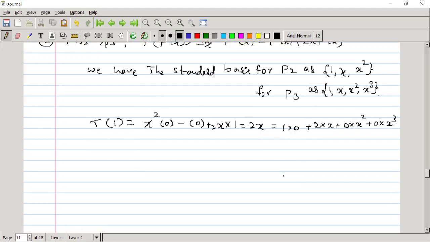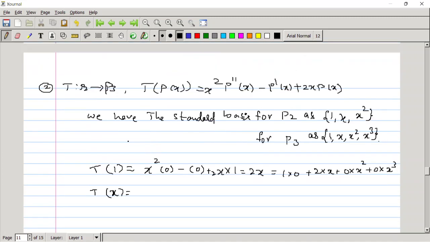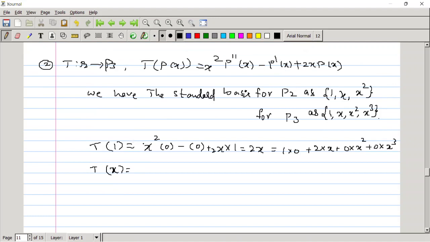Similarly, let me calculate the images of x and x square under this linear transformation. Then we can write the matrix corresponding to this linear transformation. So T of x with the given linear transformation is nothing but x square times 0 minus P dash, which is 1, plus 2x into x.